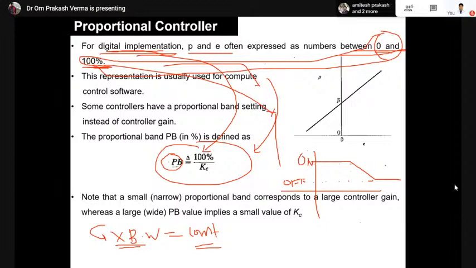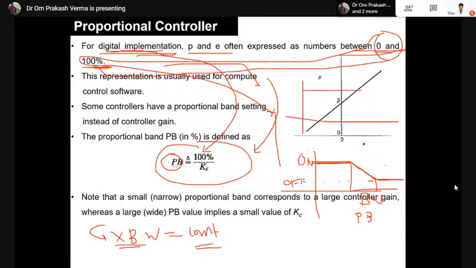So this value basically represents the bandwidth, or here the proportional band, right? As you can realize, this type of response will occur in your proportional controller.